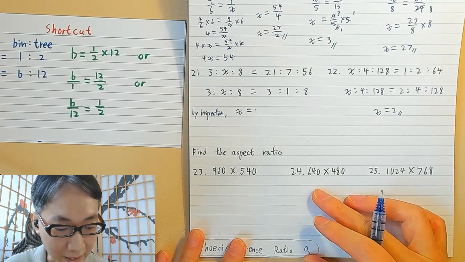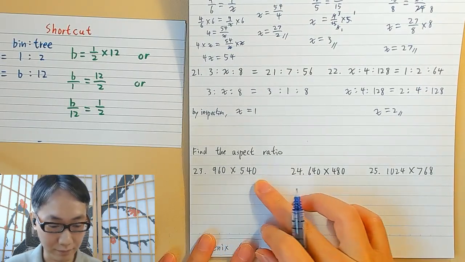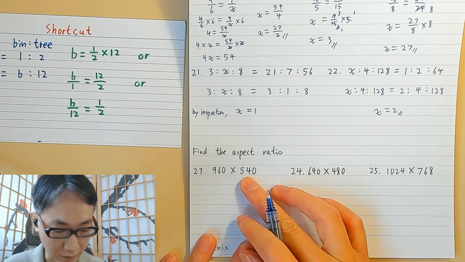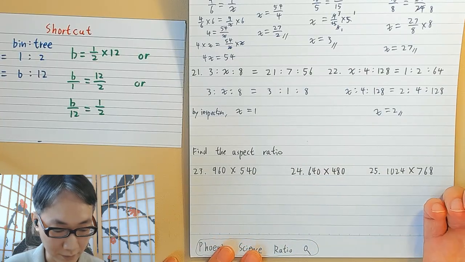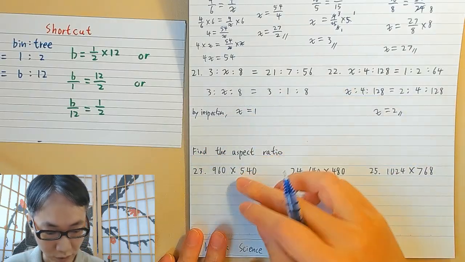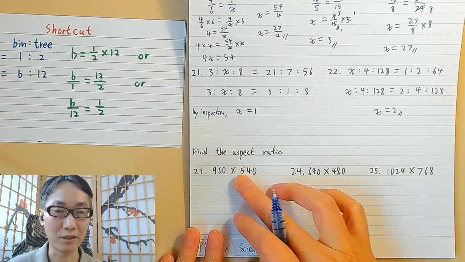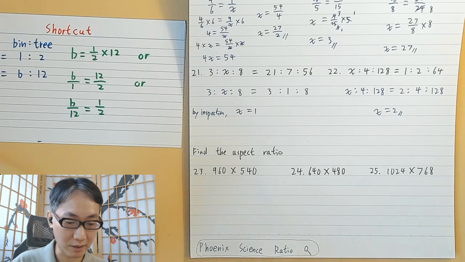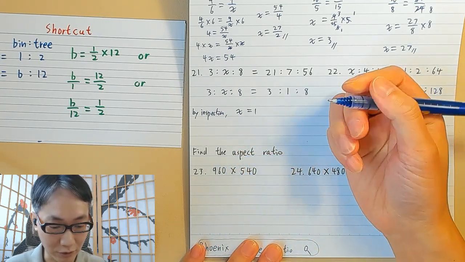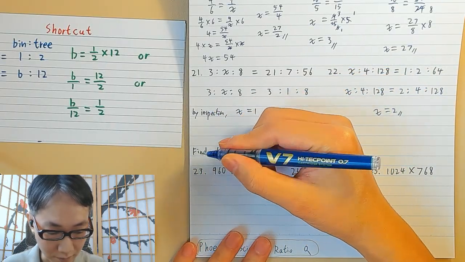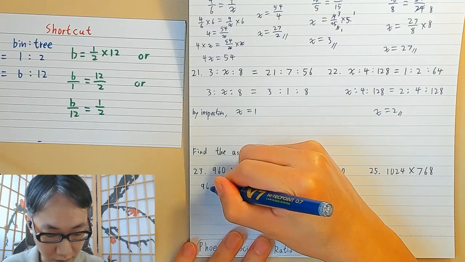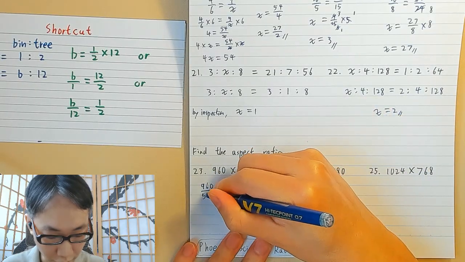Then we find the aspect ratio. It's 960 by 540. We can express this in a fraction, because we know that this is a dimension, like this green dimension. The horizontal is 960, the vertical is 540. This is a dimension, so we can express this as 960 over 540.